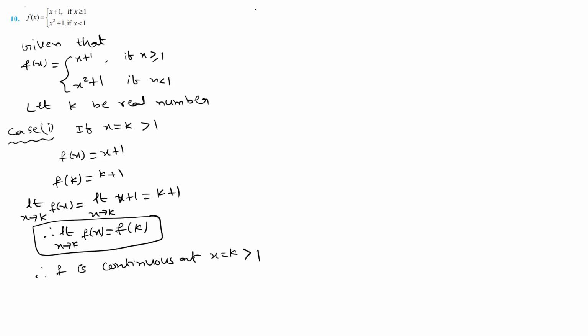Next, case 2. What is case 2? We have to take less than 1. If x is equal to k, which is less than 1 here, we'll take f of x is equal to, less than 1 means we have to take x square plus 1. So f of k is equal to k square plus 1.